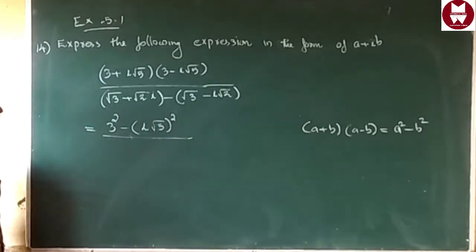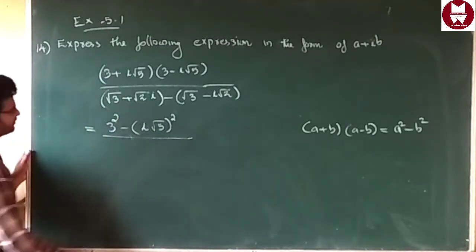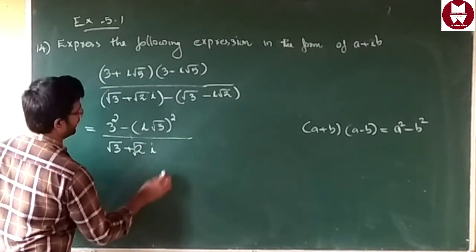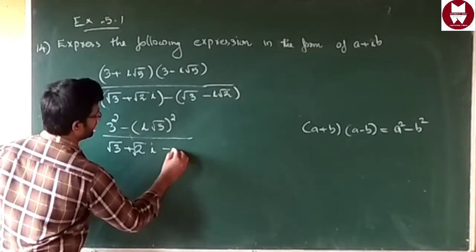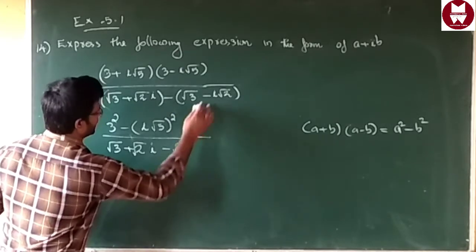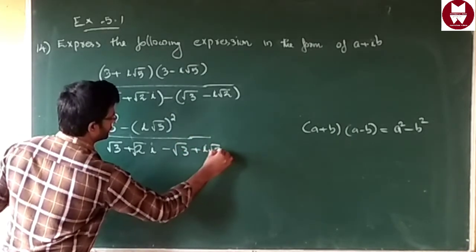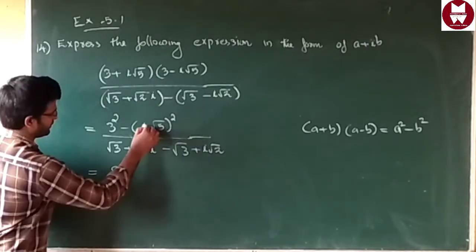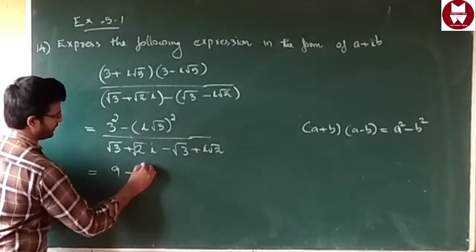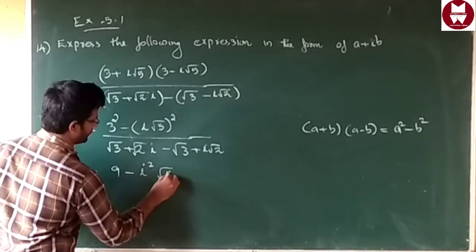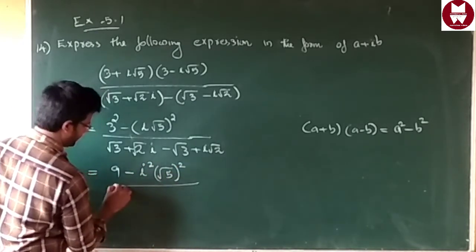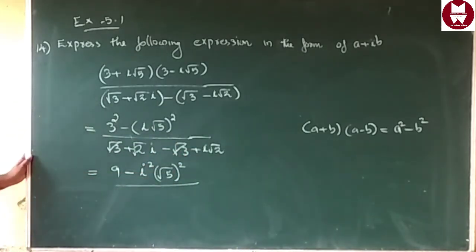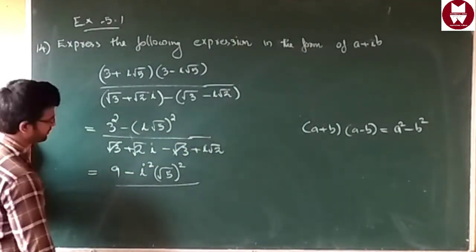All divided by the denominator part. Remove the brackets: root 3 minus root 3, plus i root 2. Got it? 3 squared is 9, minus, we can give the square separately, i squared root 5 squared, divided by the denominator.